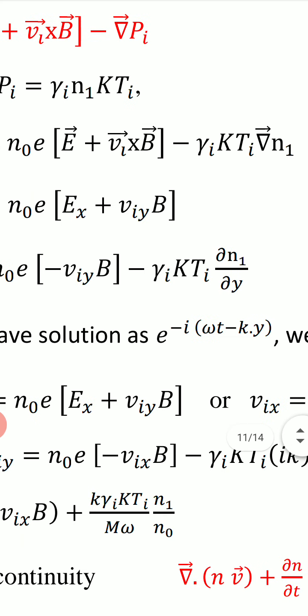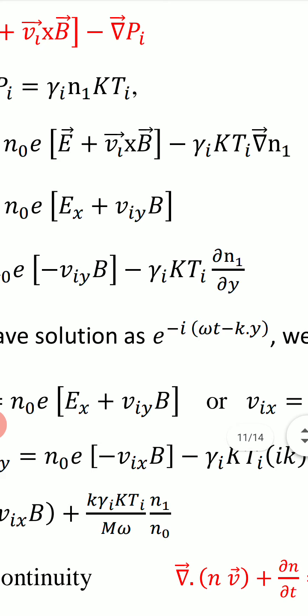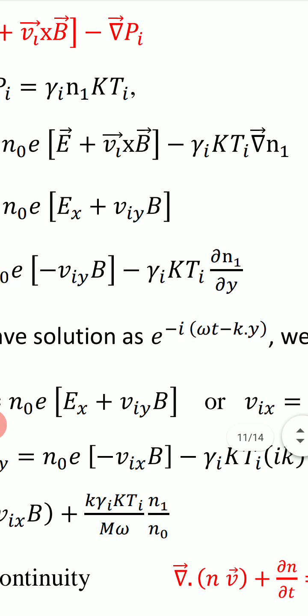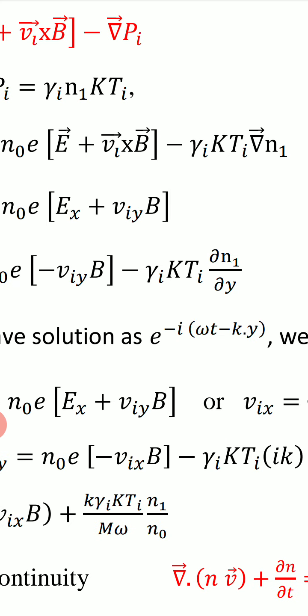This del, which is before Pi, now this del is for N1. Minus del Pi is equal to minus gamma I K Ti del N1. There is variation with distance for N1.